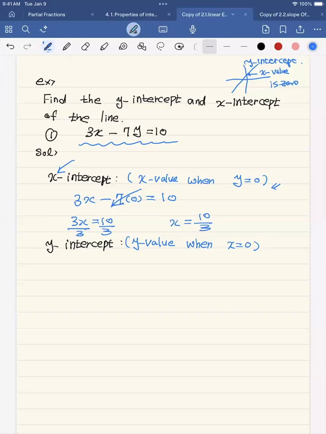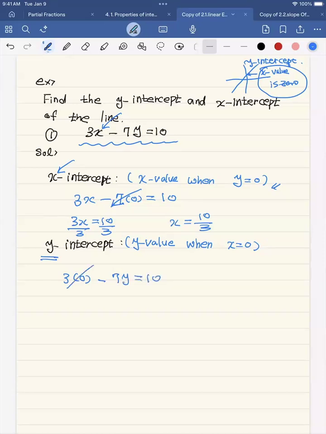When we say y-intercept, the x value is 0, so we plug in 0 for the x value. So we write 3 times 0 minus 7y equals 10.